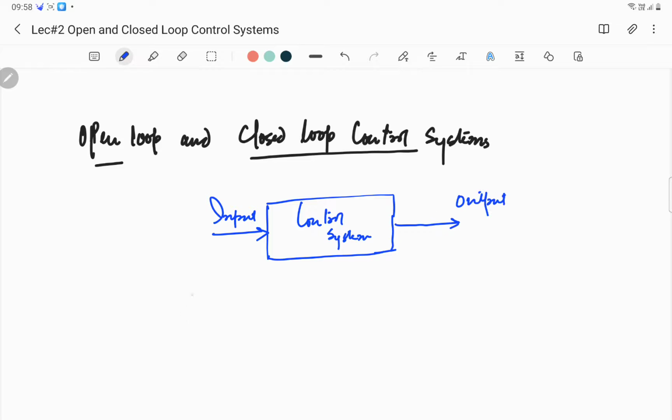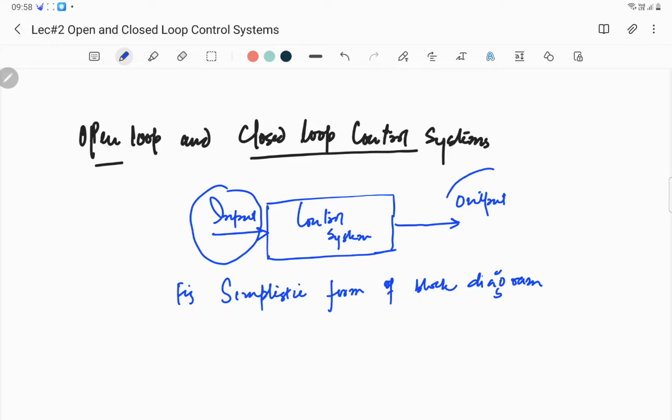This is the simplistic form of the block diagram of a control system. As I said, any control system takes an input to generate an output. This is what we discussed in the previous lecture.